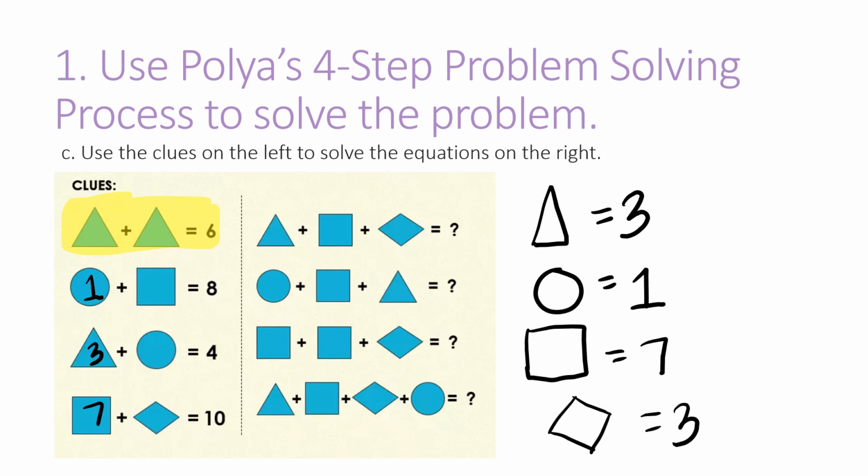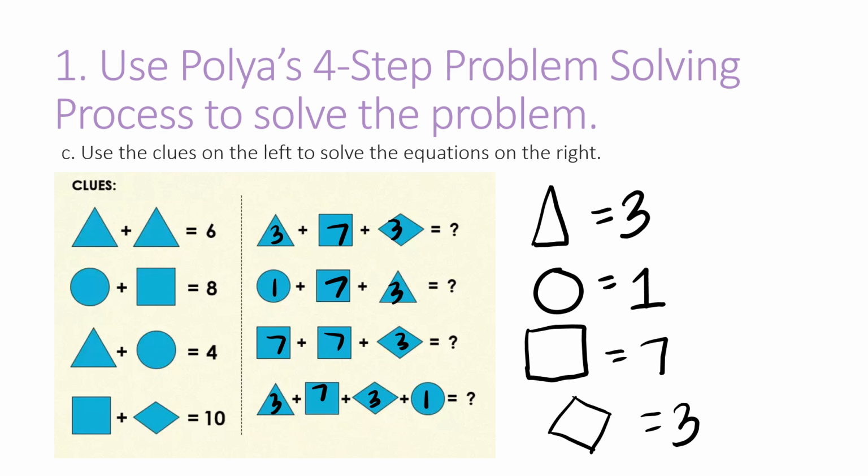All right, so we now know the value of all the shapes, so we can go and plug them in to our little equations. All right, so as you can see, I have filled in the values for each of our shapes, and now we can go about solving.